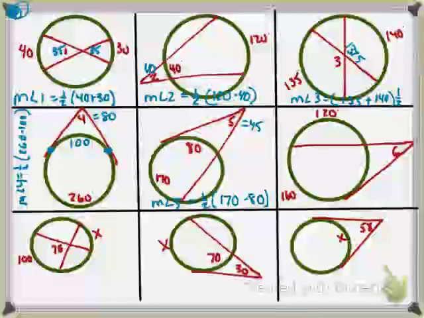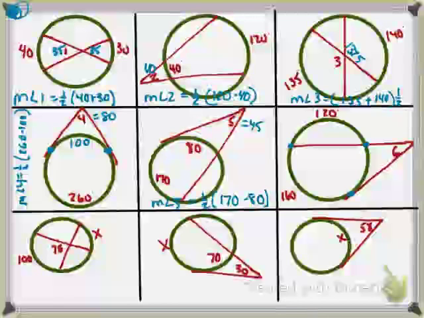Number 6, half the sum or half the difference? Difference, since the angle's outside. Difference of what? Yeah, we need to not just use the numbers in the question. We need to use the 2 arcs that are in that angle. So we can use the 160, but we need to know how big that other arc is that's in the angle.